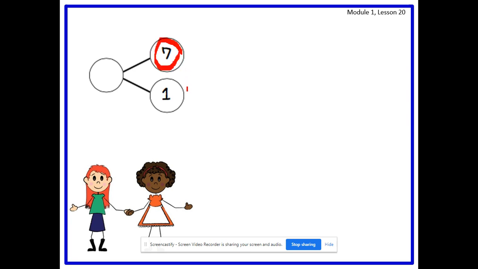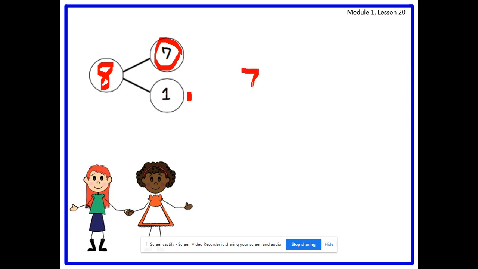And then we draw 1 to count on from the larger part to the smaller part. Ready? 7, 8. So what is our total, boys and girls? Get ready. Yes, 8. Awesome. Now let's write our first addition number sentence starting with the larger part.